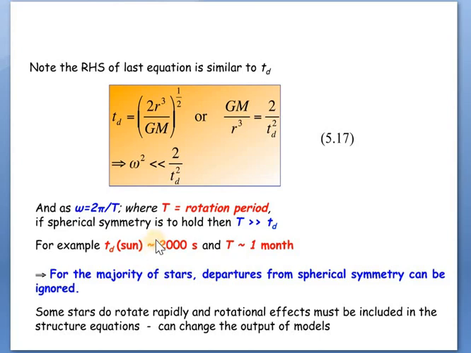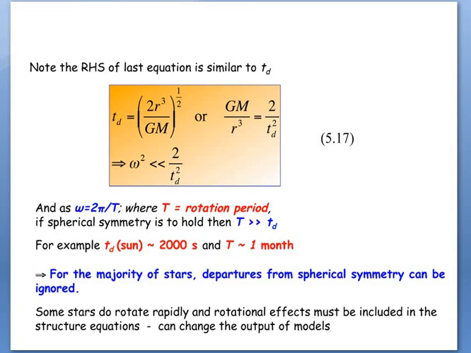So what is this TD? This is basically the dynamical time scale. Now, how do we get this expression? You remember we talked about the dynamical time scale when we asked ourselves what will happen if the state of hydrostatic equilibrium is violated.